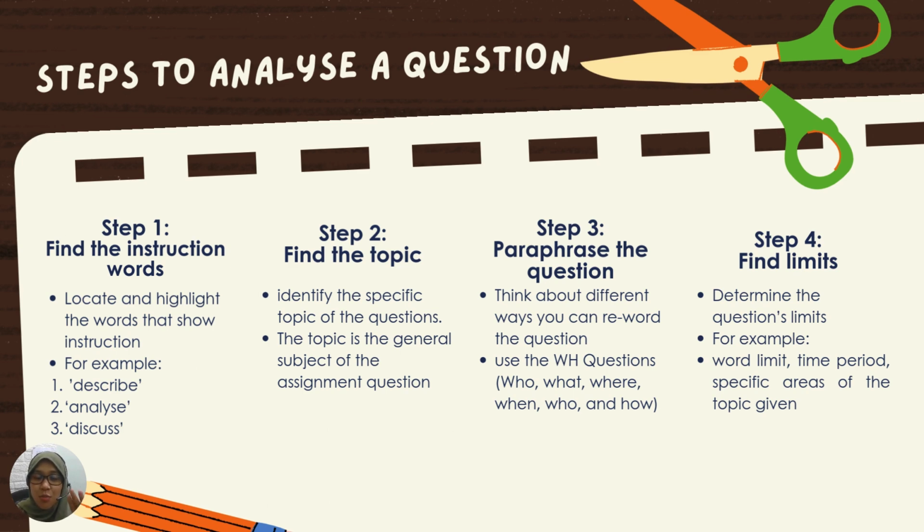You can use the WH questions: who, what, where, when, why, and how. And step four, find limits. Determine the question's limits. For example, look at the question and find limits such as the time period, how long do you have, or specific areas of the topic given, or maybe word limits.